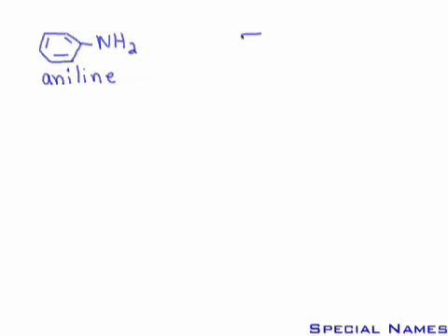And for some molecules, common names even overrule the use of aniline. For example, if I was to use aniline to name this molecule, I would count from the nitrogen, because as soon as you use the word aniline, you've got to make this number 1. 1, 2, 3, 4. That would be 4-methylaniline. Well, 4-methylaniline, although it's acceptable, is not the usual name.